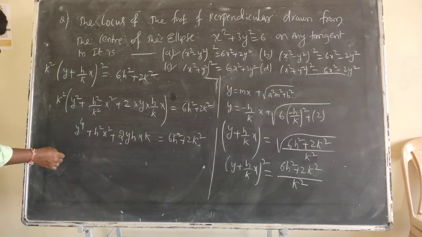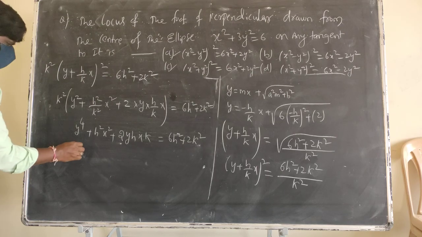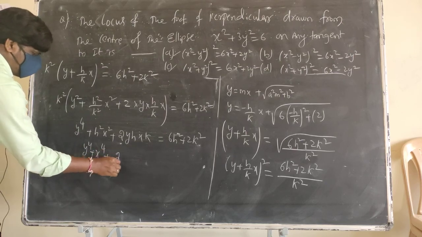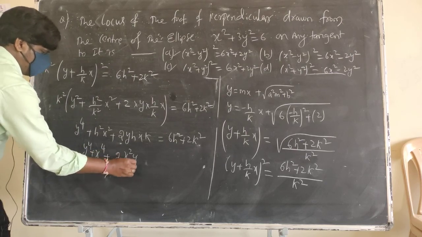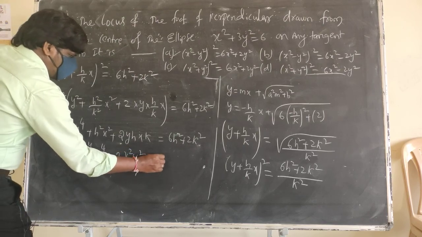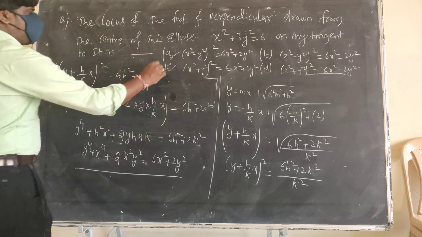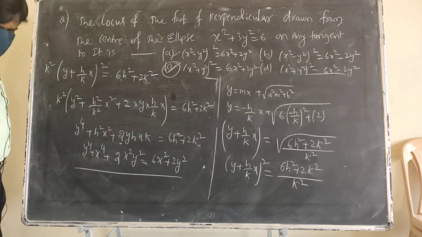So it looks like y power 4 plus x power 4 plus 2x square y square is equal to 6x square plus 2y square. It means option C is the right answer.